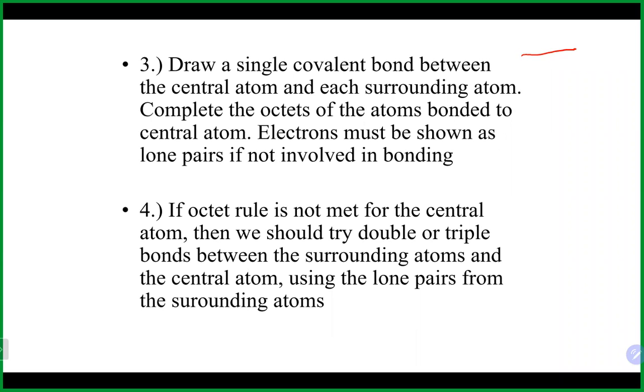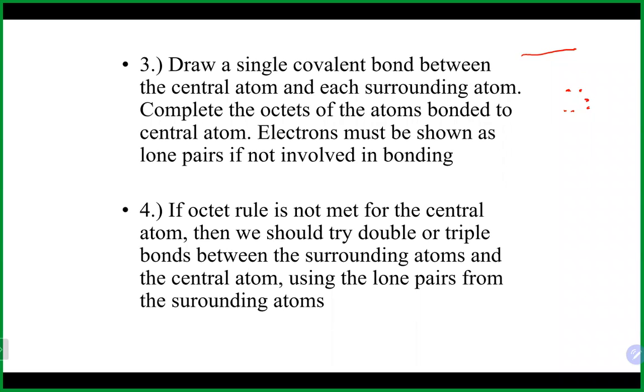Whatever electrons you still have left to put onto your picture should first go to the outside atoms in pairs of electrons, as dots on the outside atoms. You should fill up all the outside atoms with pairs of electrons until every outside atom has 8 electrons, except for hydrogen, which should only have 2.